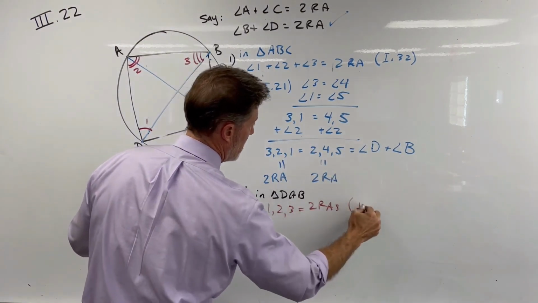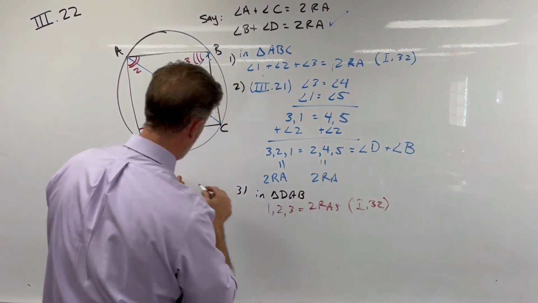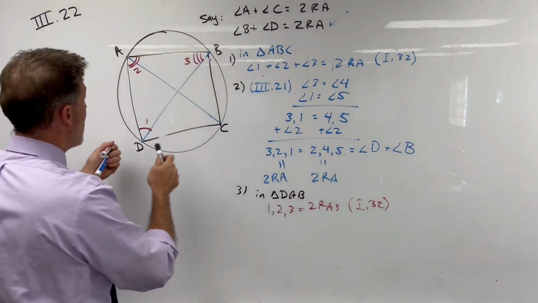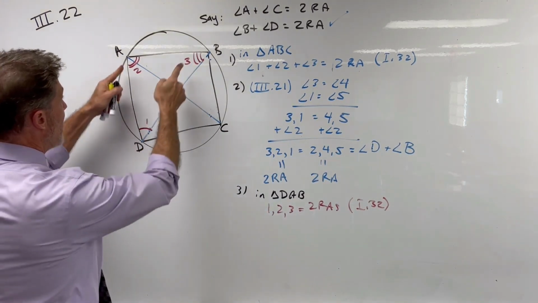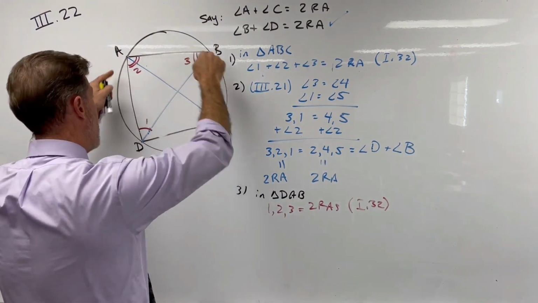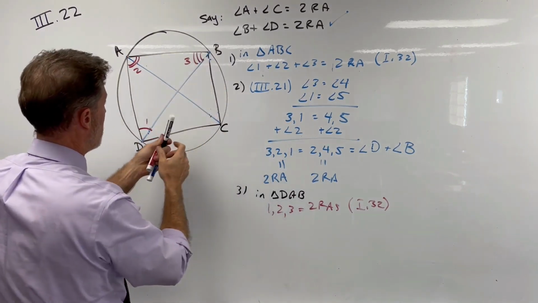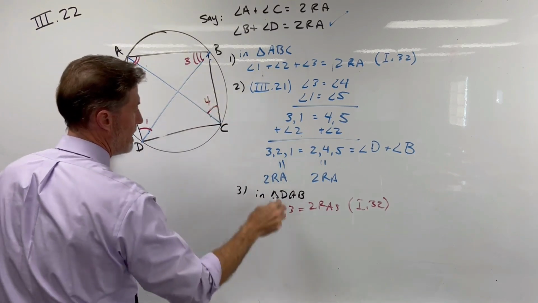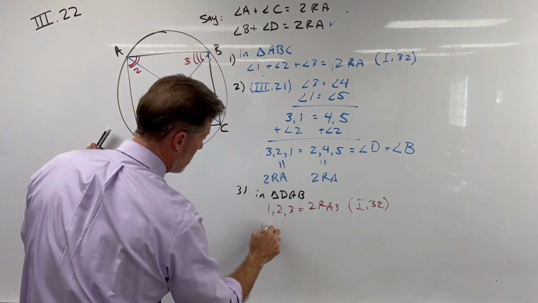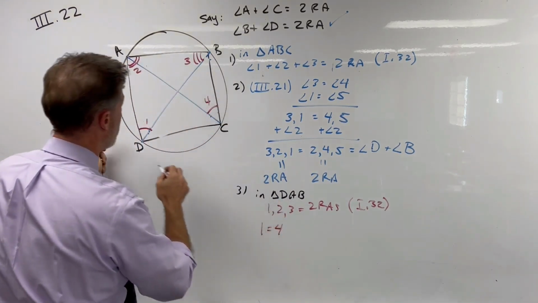Again, Proposition 32 of Book 1. And as we did before, we're going to notice that this angle is on the same segment as this angle. So this angle 4 here will be equal, so angle 1 is going to equal angle 4.